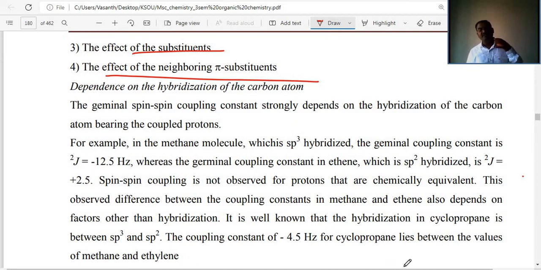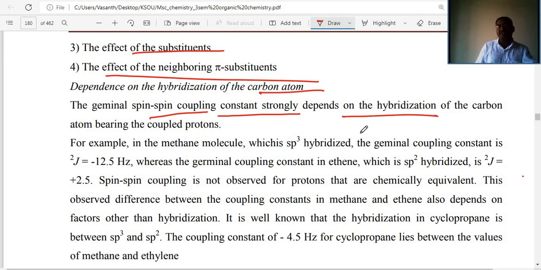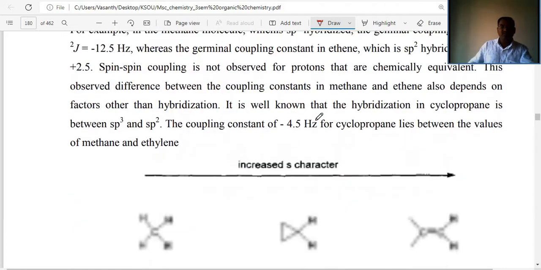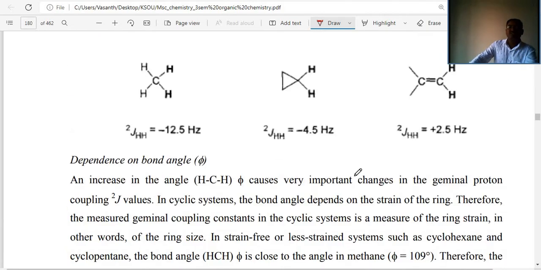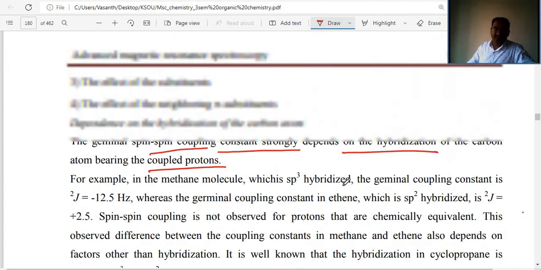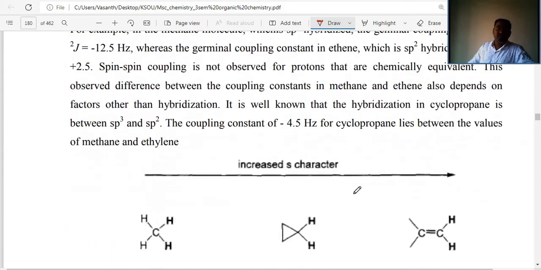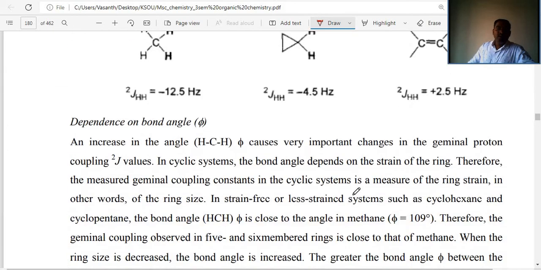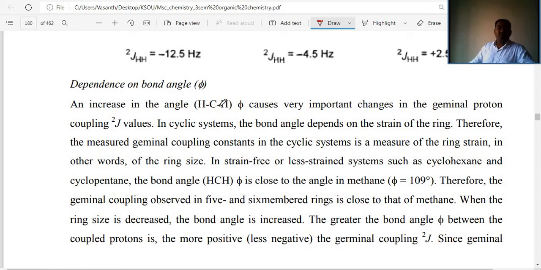What is the dependence on the hybridization of the carbon atom? The geminal spin-spin coupling constant strongly depends on the hybridization of the carbon atom bearing the coupled protons. These are all examples of that. What is the dependence on the bond angle?